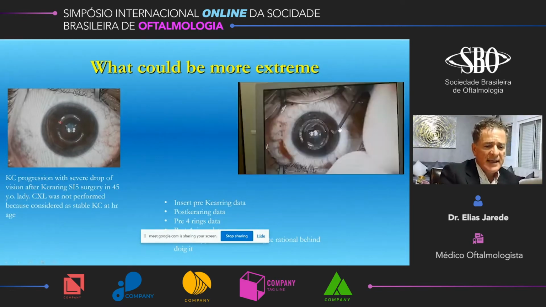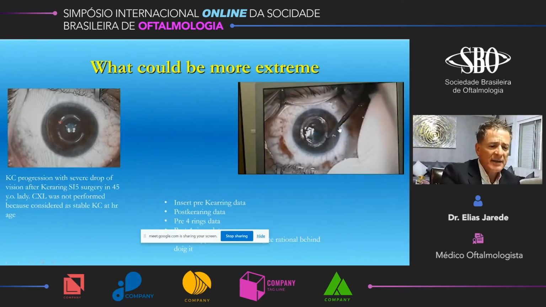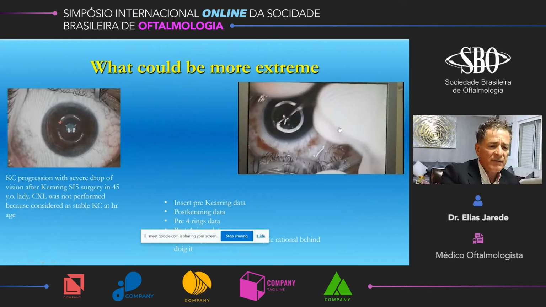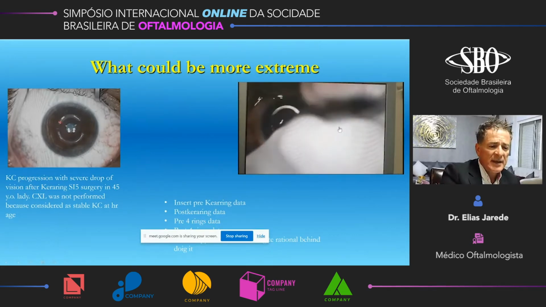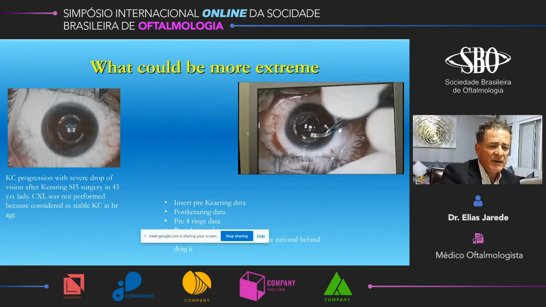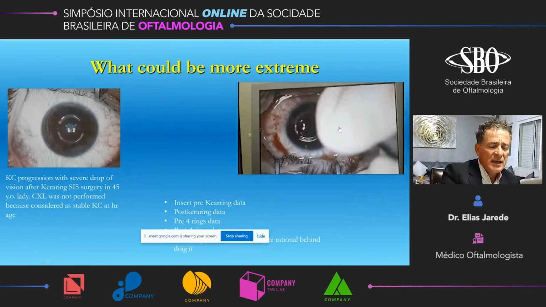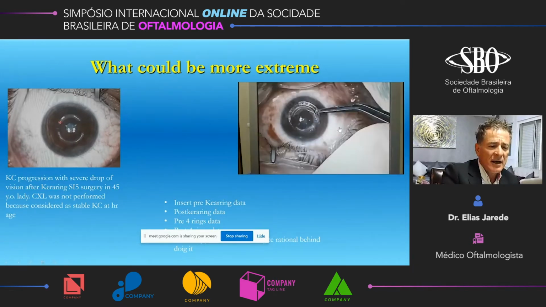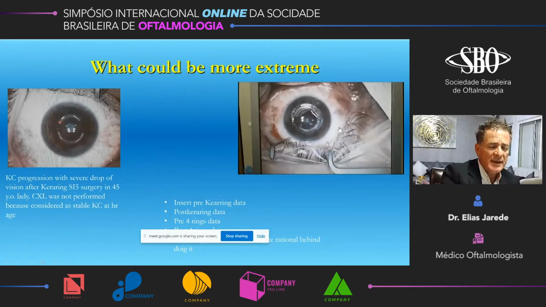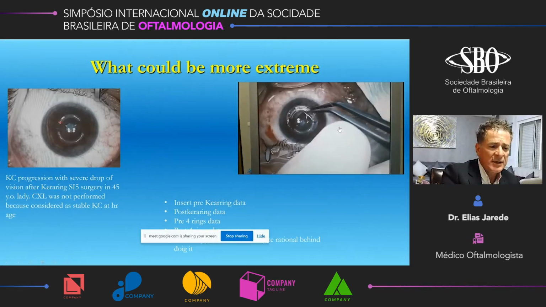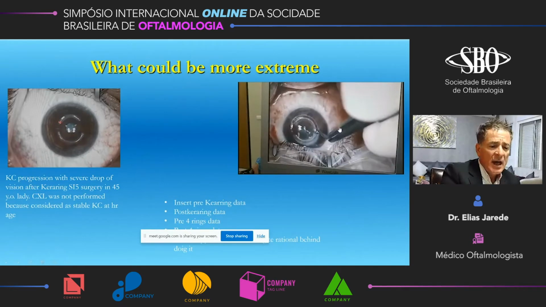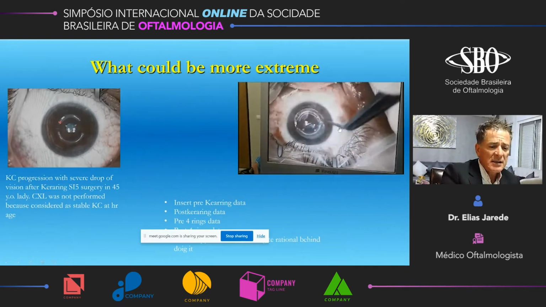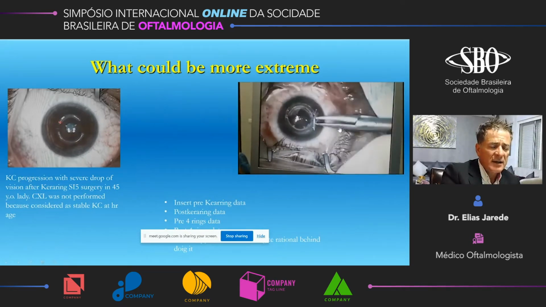Here showing how we center the cut. It's centered at the pre-existing SI5, dissecting a little bit of that tunnel external to the SI5 Keraring, inserting the lower one of the Intacs, then the opposite one, quite symmetrical as well, inserted superiorly. Again, very good results, enhancement of uncorrected and corrected distance visual acuity.